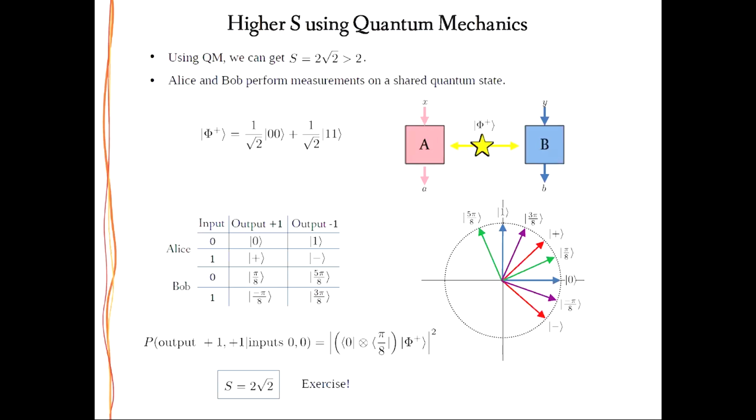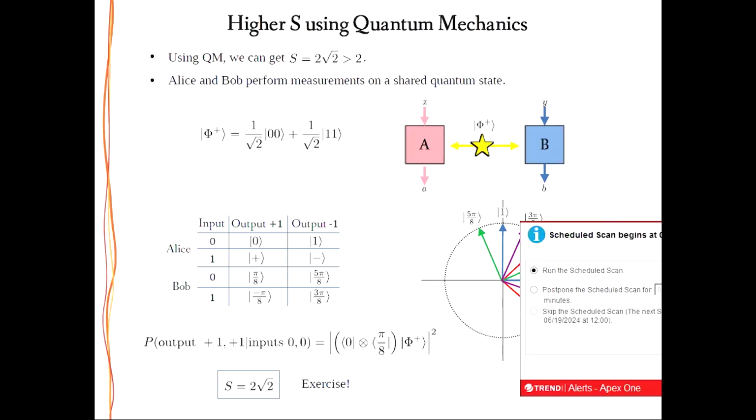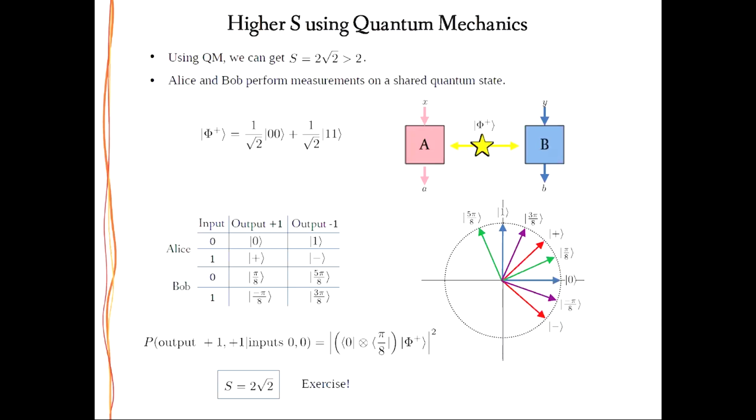And if Bob has output +1 and he has input 0, that means we have to use this one, π/8, and that's why there's a π/8 here. Take the inner product and you square it. This is Born's rule. You have to do a lot of calculations like this, and then you will find that the S value is 2√2, which is greater than 2.